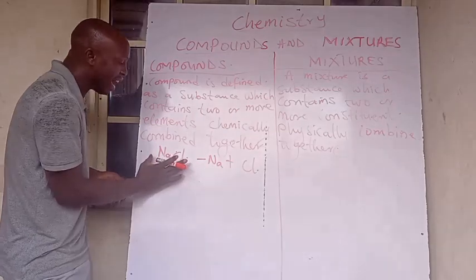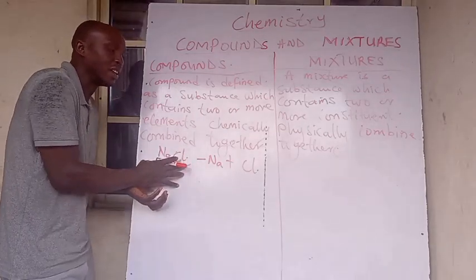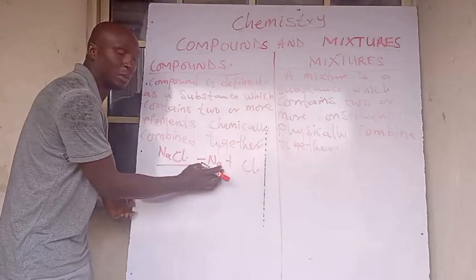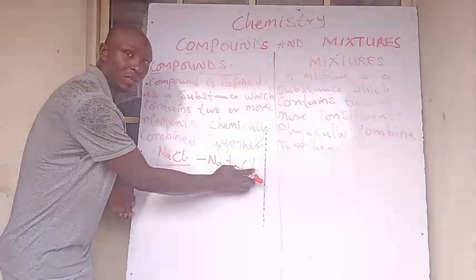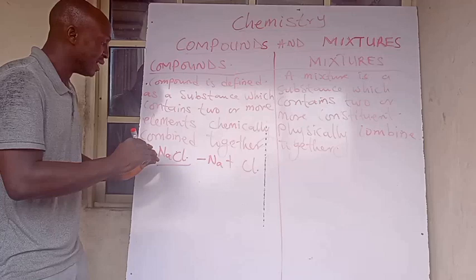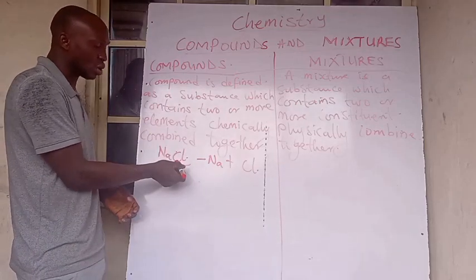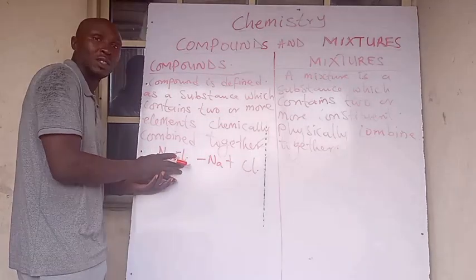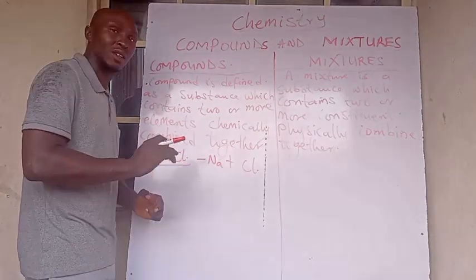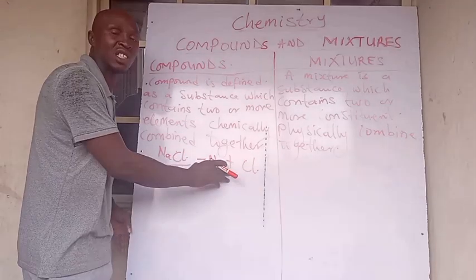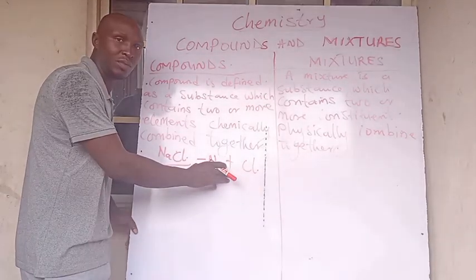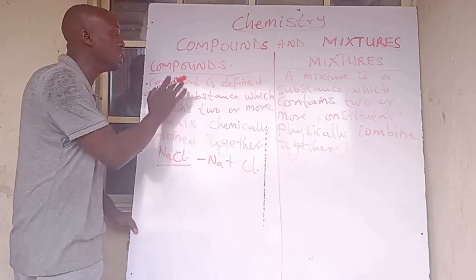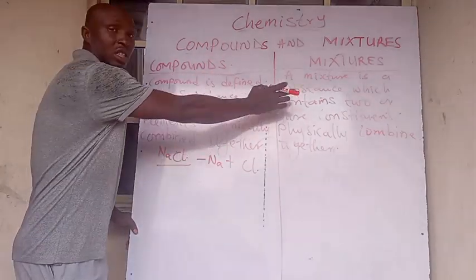But what you have now is totally different from the sodium and the chlorine. That is to say, the chemical structure or the physical structure of a compound is quite different from its constituents. That is a great difference between a compound and a mixture.